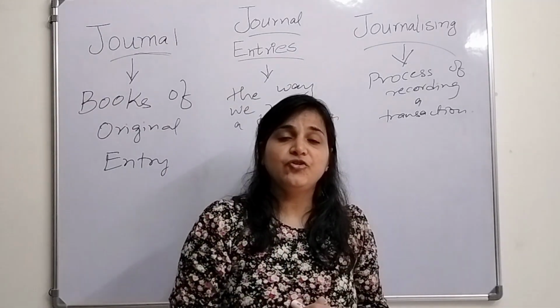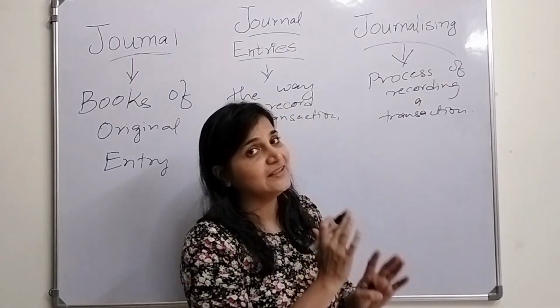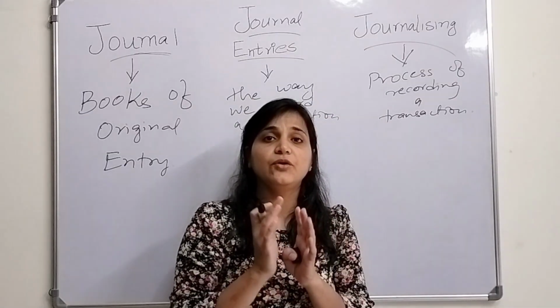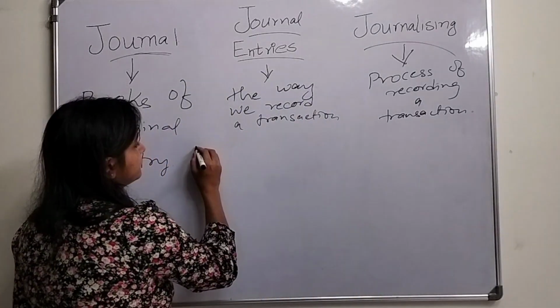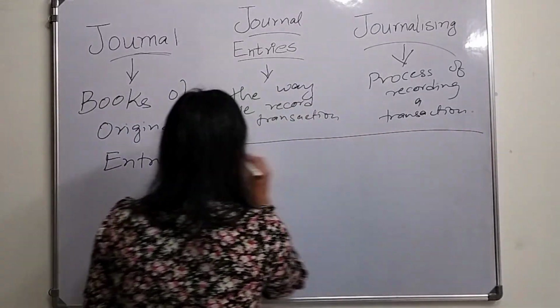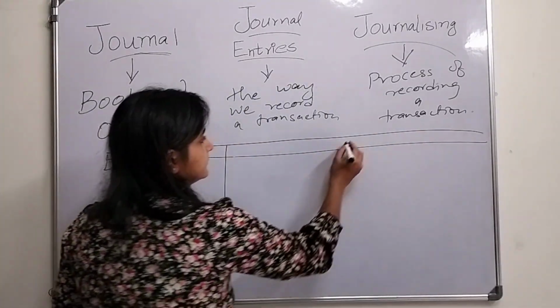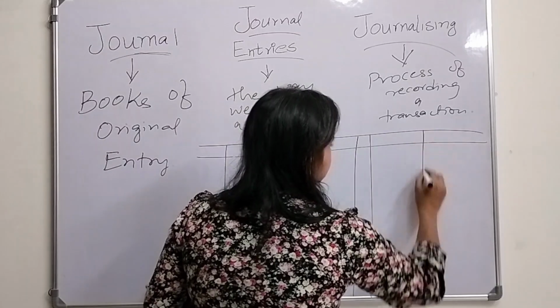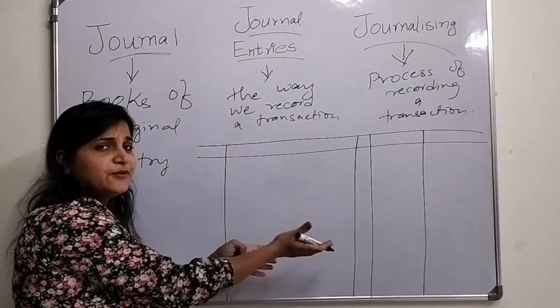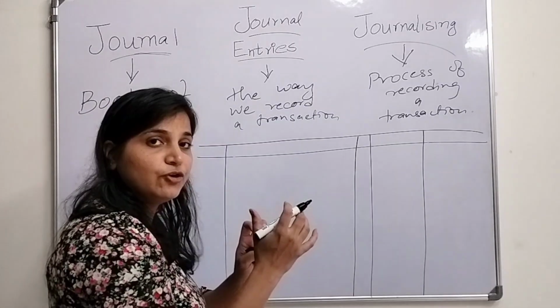Let me show you how we are going to record the transactions in the journal book, how we are going to pass the journal entries. That's it, a simple format. But what are the particulars that we are going to mention?